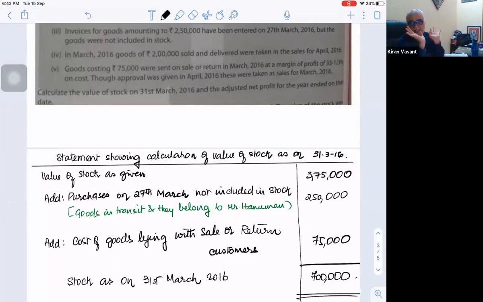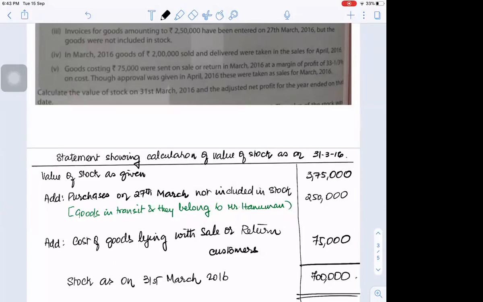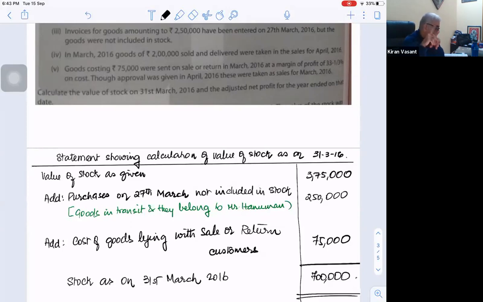So leave it as it is. The transaction was wrongly taken in the next accounting year. We will adjust that in our profit calculation. Don't worry.